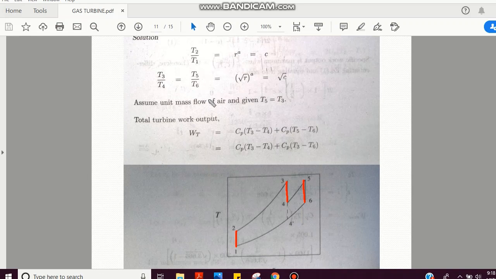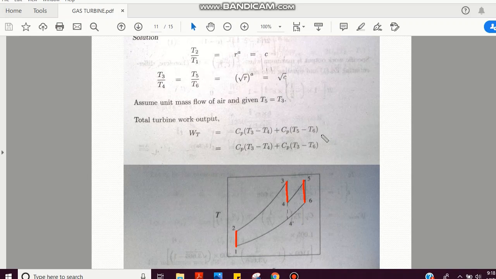Assuming unit mass flow rate of air, and it's given that T5 equals T3, we can write the turbine work as Cp into T3 minus T4 plus Cp into T5 minus T6.